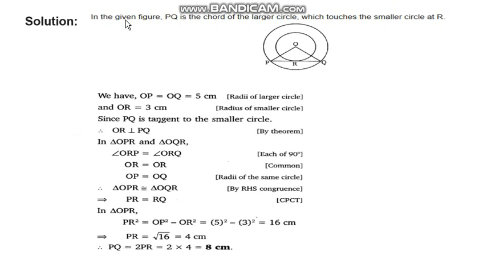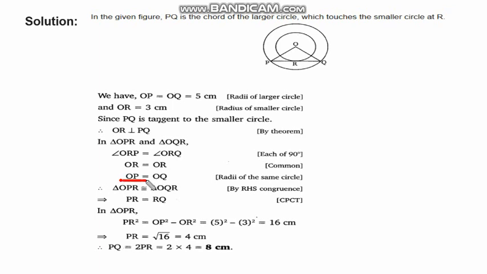We are given the radius of the larger circle. If you can see the figure, PO is equal to OQ, because this is the radius of the larger circle. I'm going to note it down here: P, R, this is Q, and this point represents O. You can see on the slide also simultaneously.